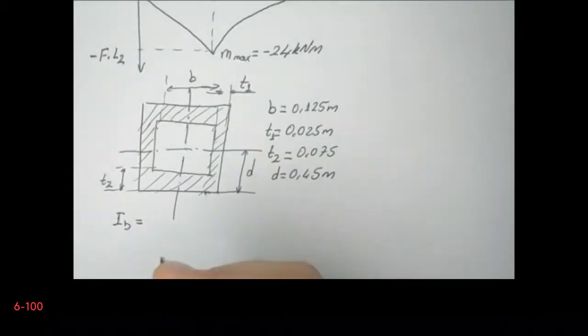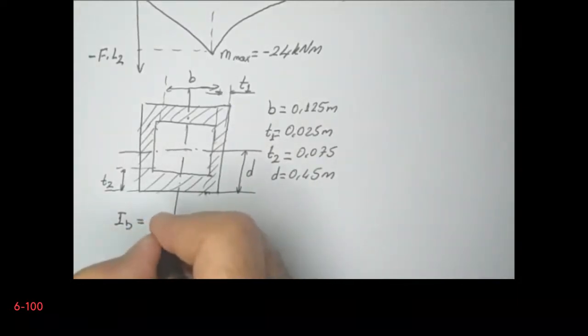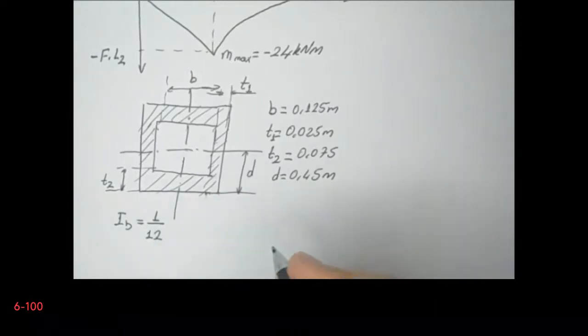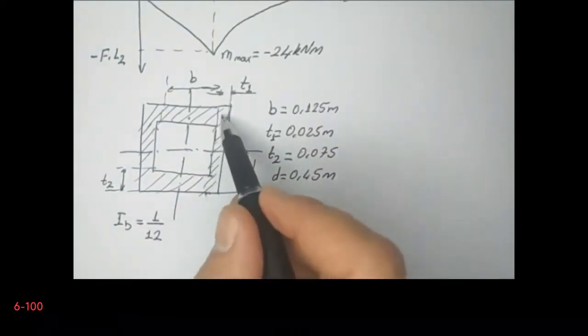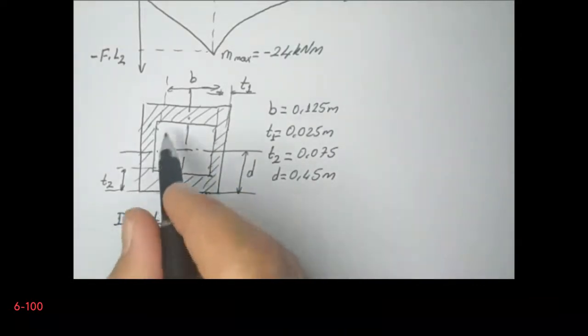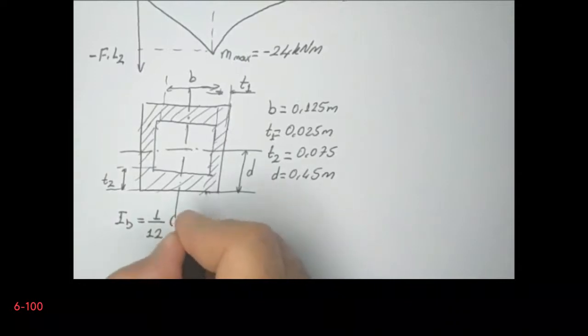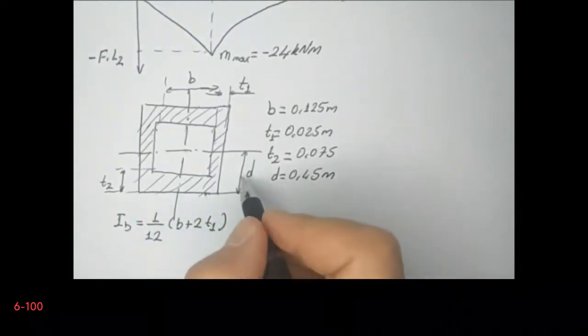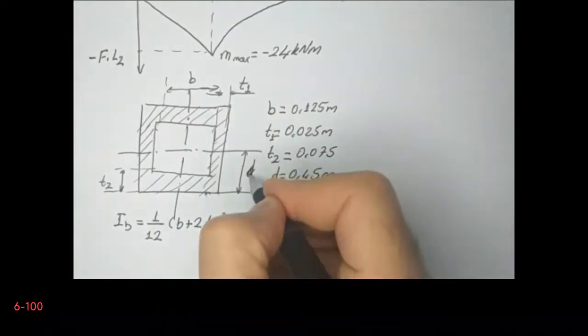So this is 1/12, the width is B plus 2T1, multiplied by, oh sorry, this is not D, D is this distance.